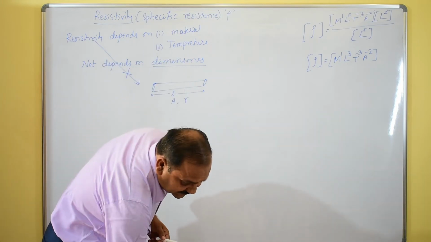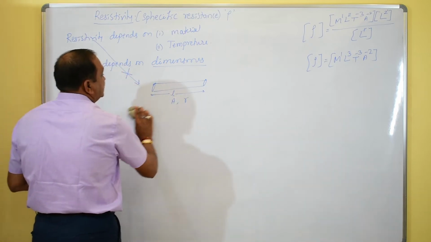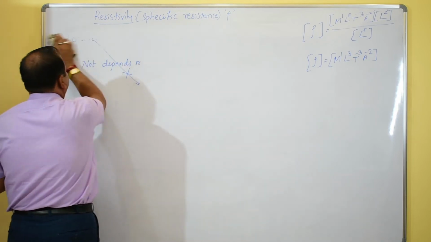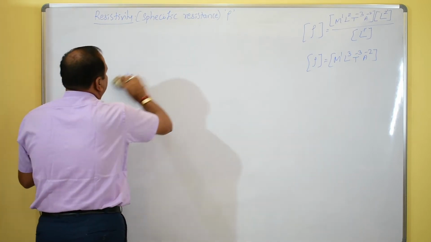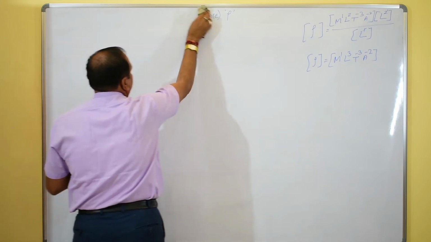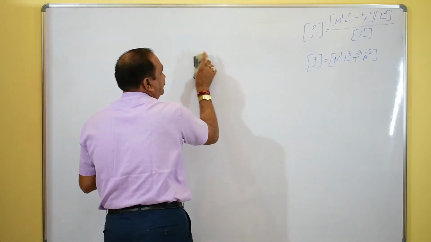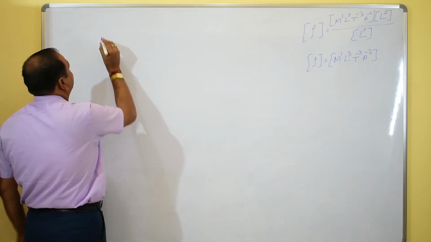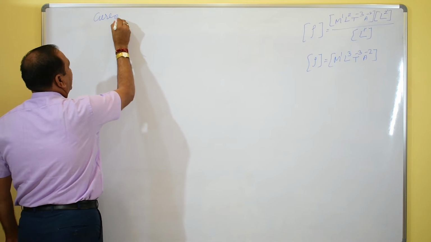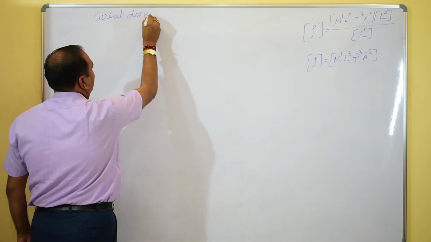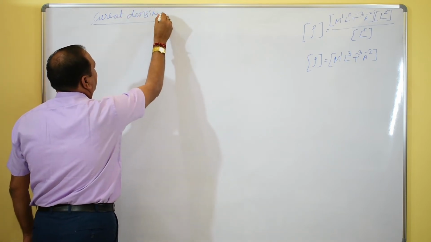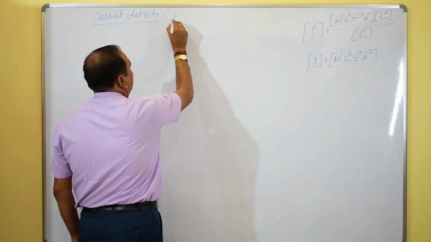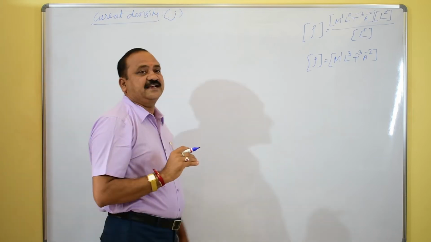One more concept in this case, apart from all this, is current density. So after this, let us discuss current density. What actually is meant by current density? Symbolically, we can say J is the current density.